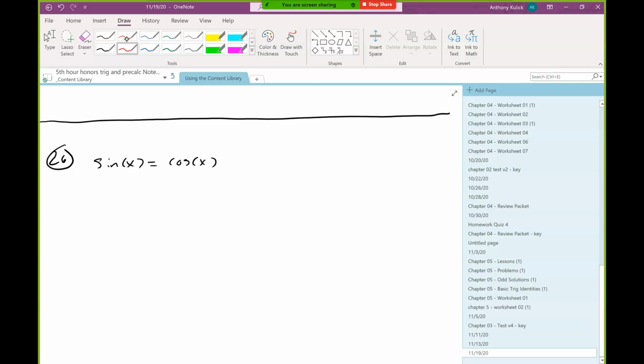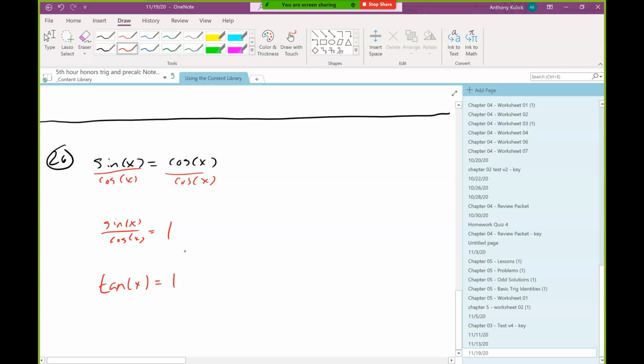Well, the trick is I can turn this into a single trig function by dividing both sides by either sine or cosine. I'm going to choose to do cosine. So that gives me sine over cosine is equal to 1. And I know from my identities, one of my quotient identities says sine over cosine is tangent.